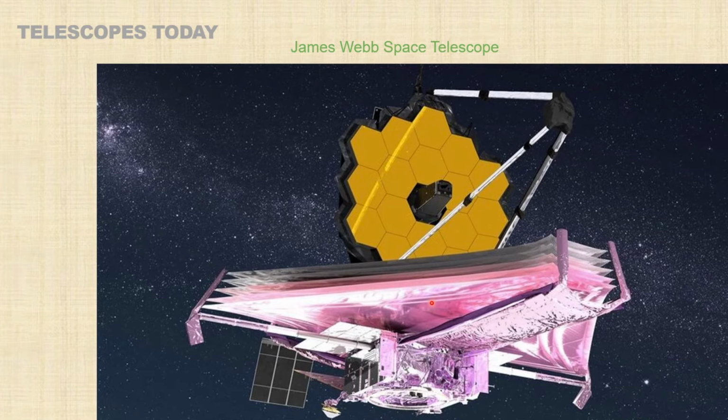But when this thing is in space and you're trying to collect light that has been traveling for the last 12 billion years, that's faint. So you want to collect more of that faint light over a larger area, and that's what this thing is designed for. You don't want any of that faint light to be absorbed by the mirror. So you want 99.99% of it to be reflected back to the detector here.